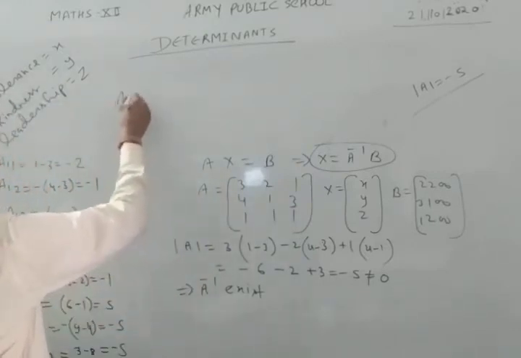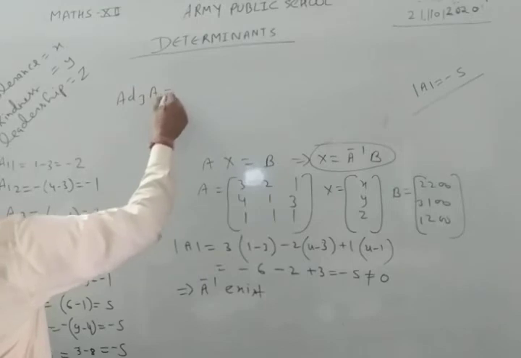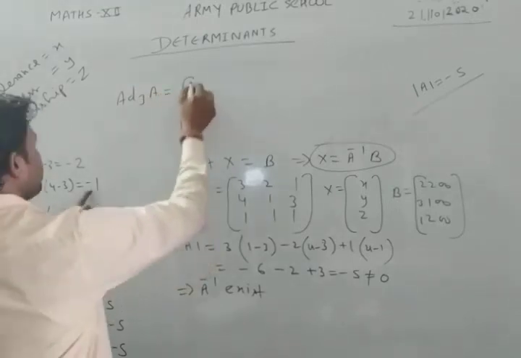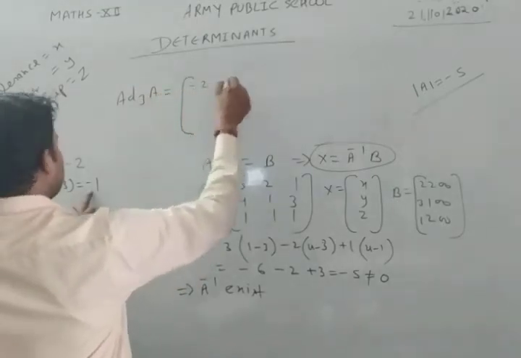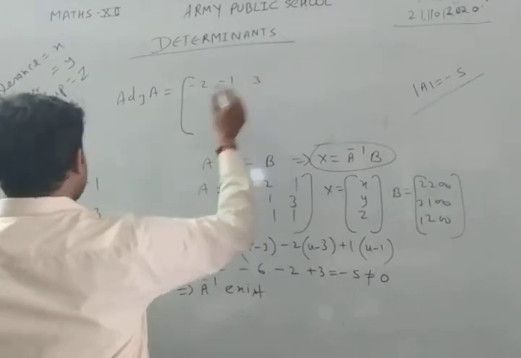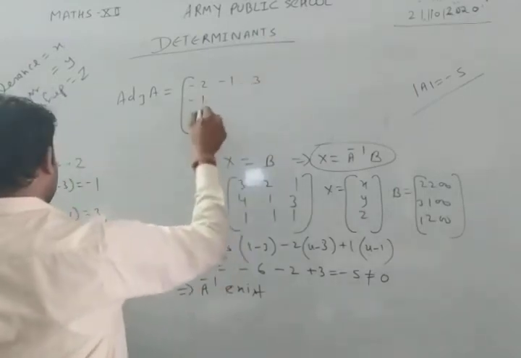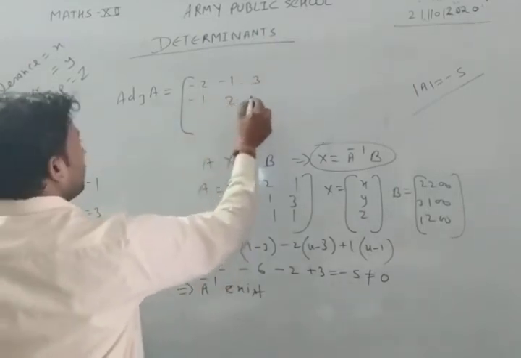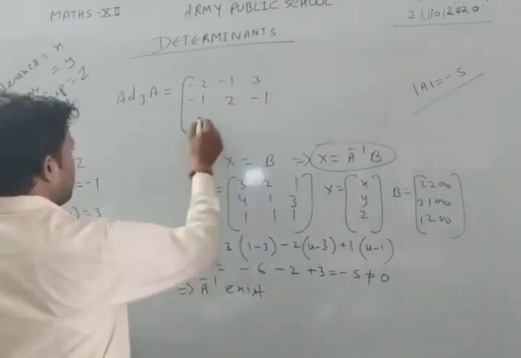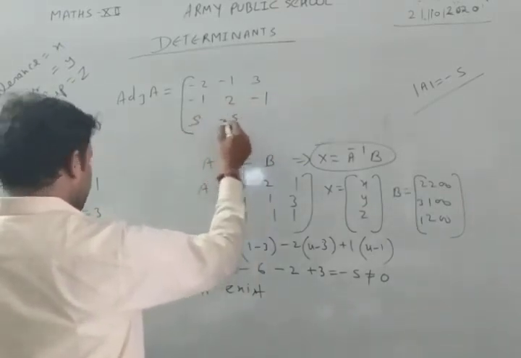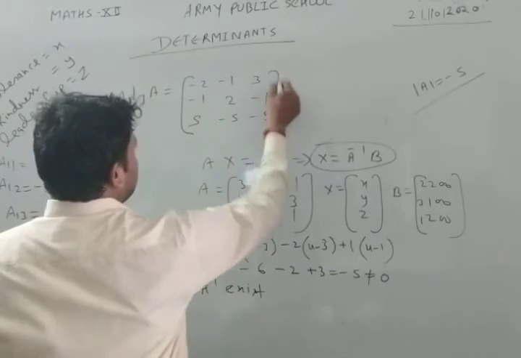Now we have the cofactor matrix: -2, -1, 3, -1, 2, -1, 5, -5, -5.